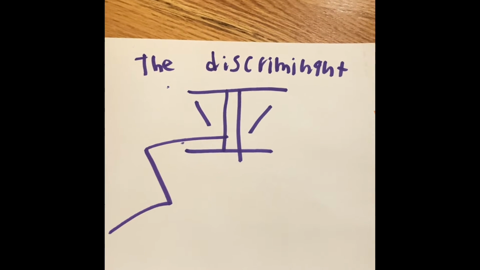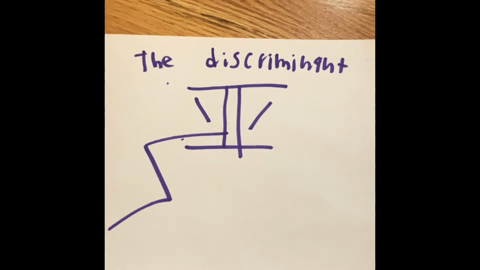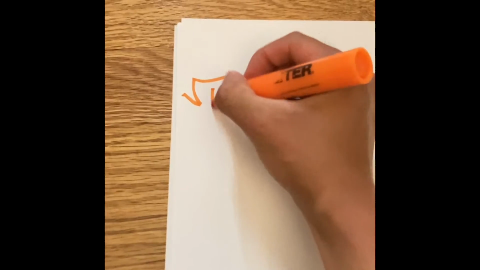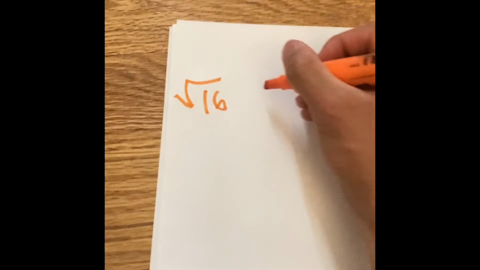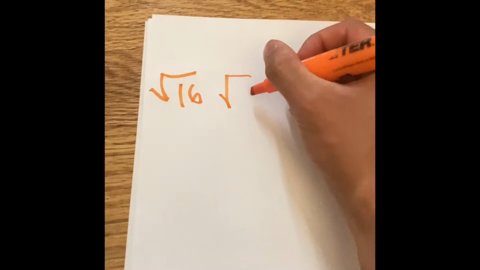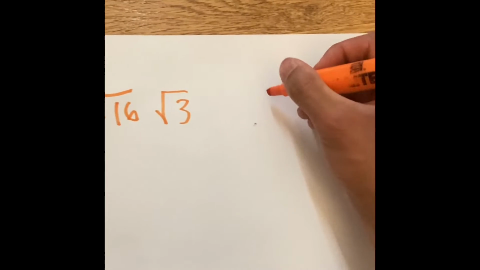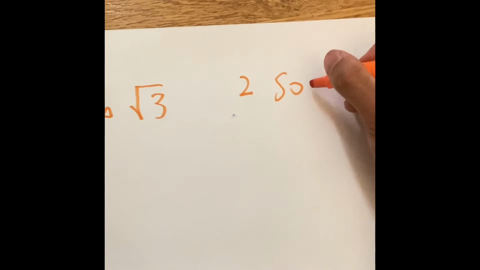So what we learned in the last video is that when we have a square root of a positive number, like a perfect square such as the square root of 16, or the square root of 3, we're going to get two solutions.